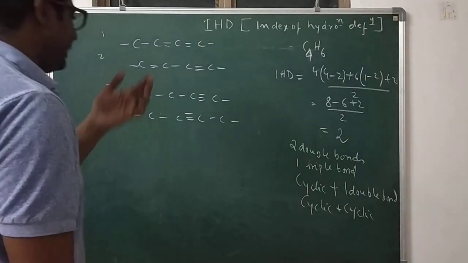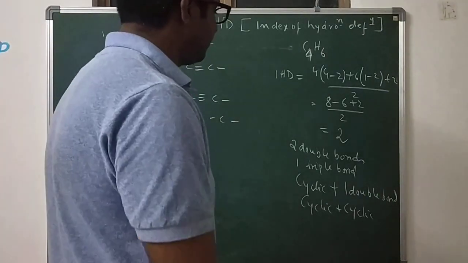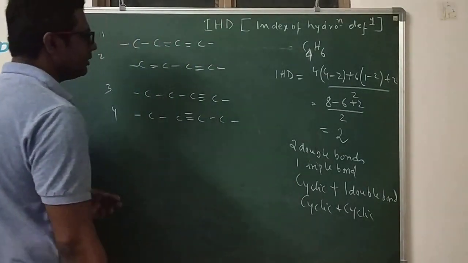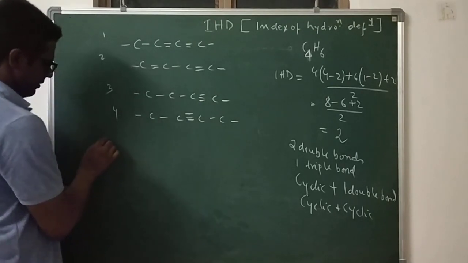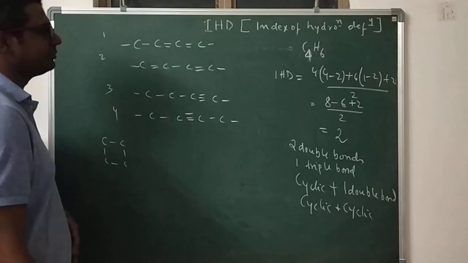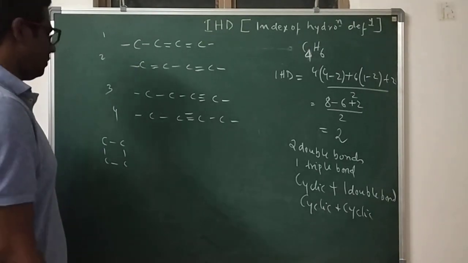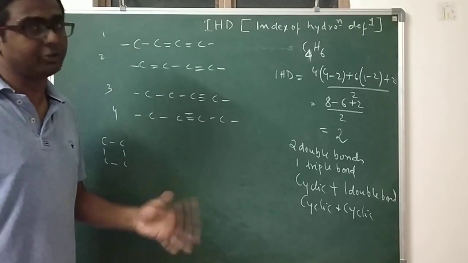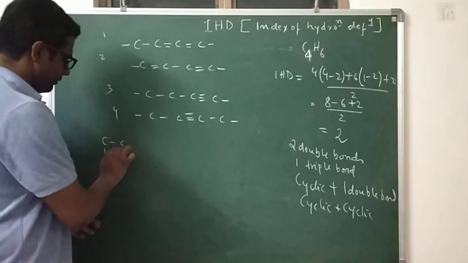Now ring structure, cyclic plus double bond. Let us see how it is possible. Cyclic structure is there. Where will the double bond sit? There is no carbon outside, all are hydrogens. Hydrogen will not form a double bond, so you have to put it over here.